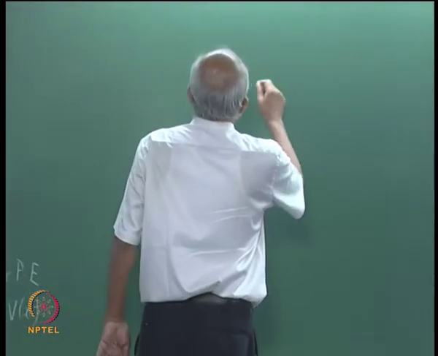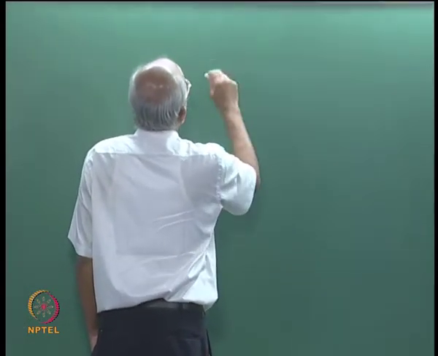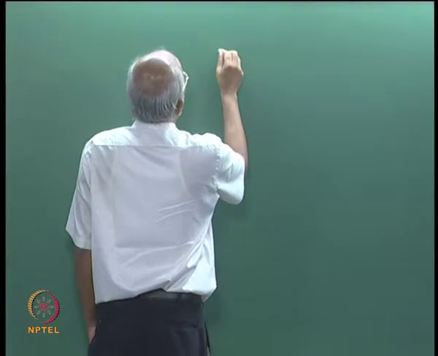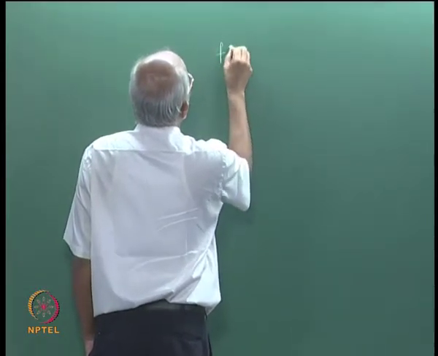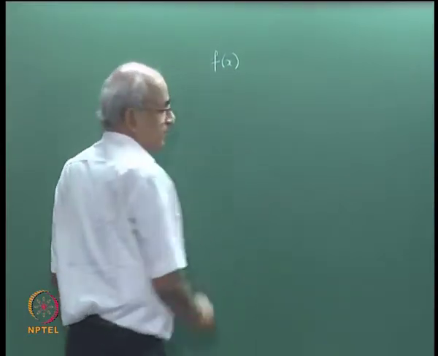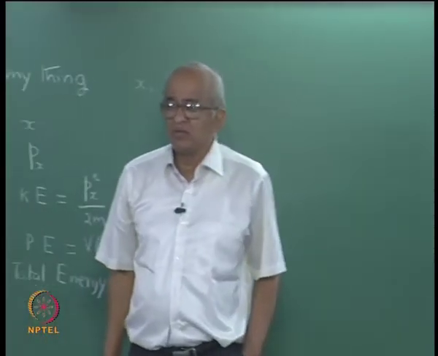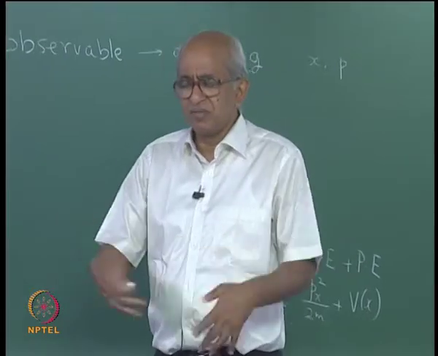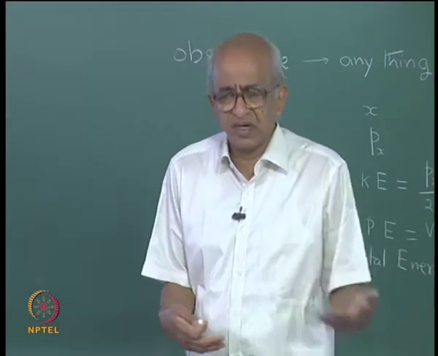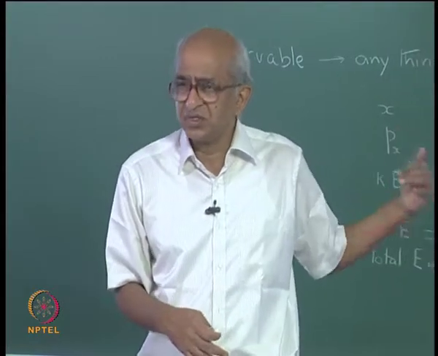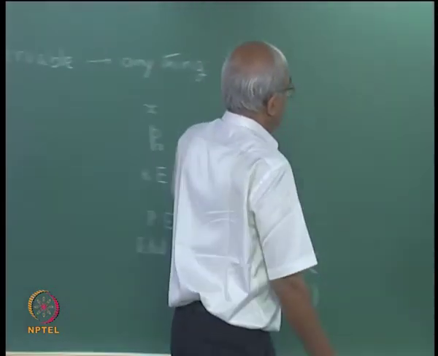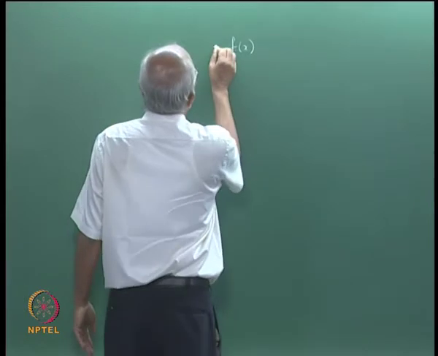The way in which I am going to define an operator is this. Imagine that I have a function f of x, and I carry out something with this function, maybe multiply it by, let us say, 4, or maybe differentiate this function. Say I am thinking of differentiating it.